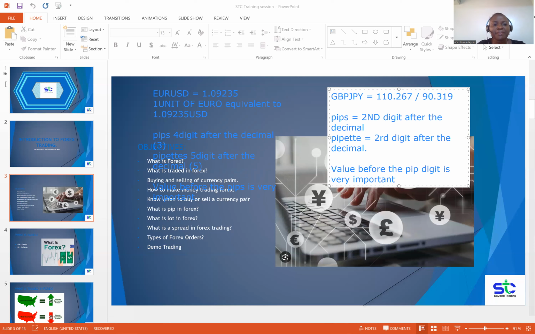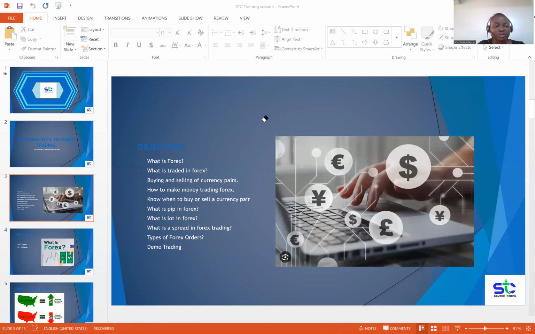Now, remember when I was defining what a pip is, I said a pip is the measure of price movement within a given period of time. So let's look at an example of the measure of price movement. Let's assume we're using GBP JPY. When you enter the market, we'll call it the entry price, meaning the price at which you entered the market.